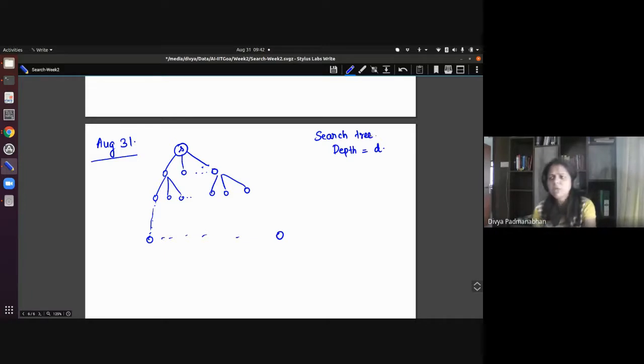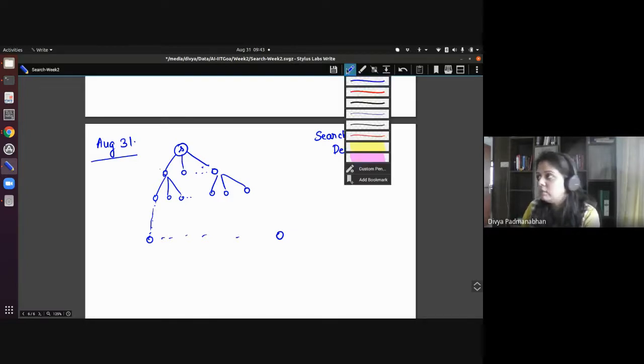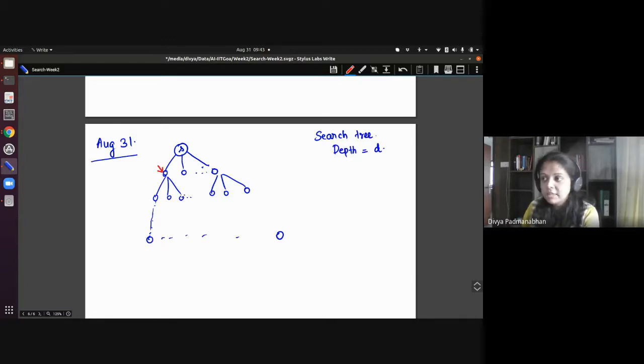We also saw that the search tree can become infinitely large. It can go on and on if there are cycles. But in terms of the DFS algorithm, you're taking care of this aspect. Suppose this node, let me put it with some color, is going to get repeated in this part of the graph.